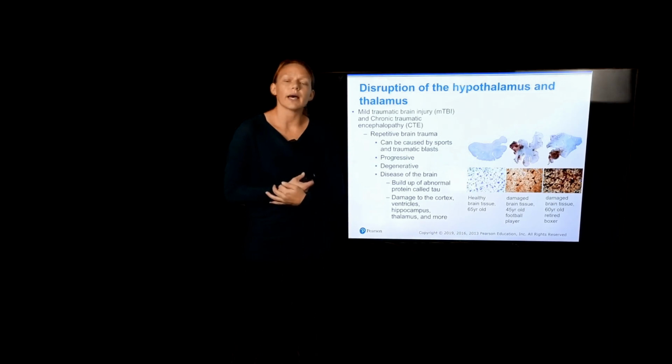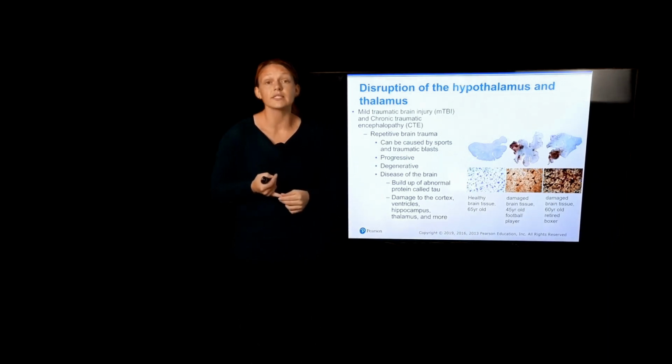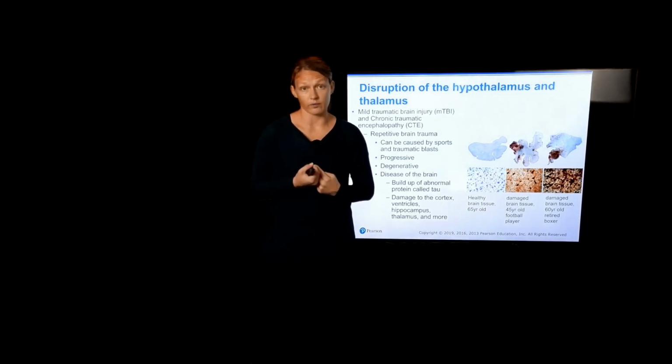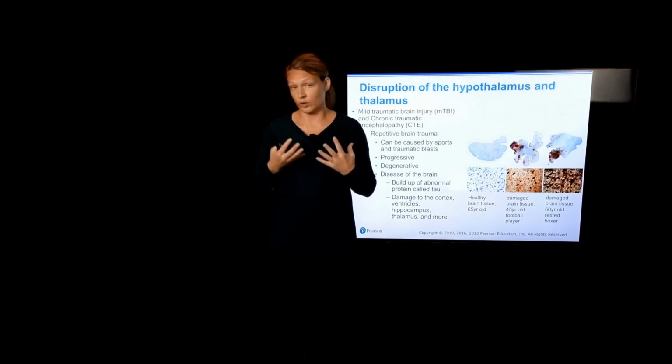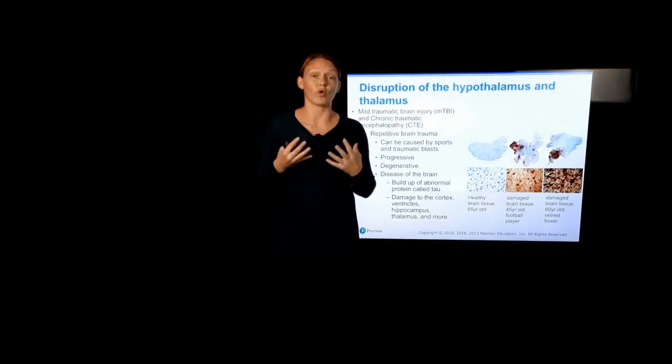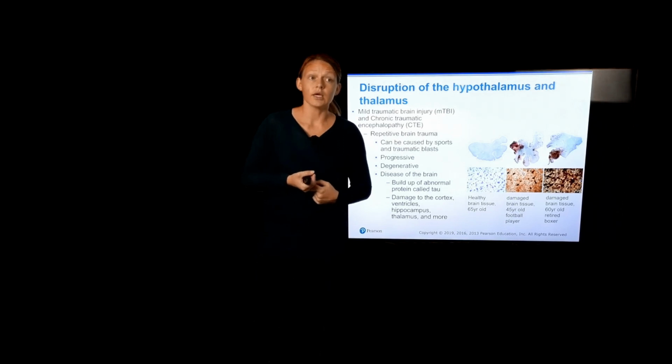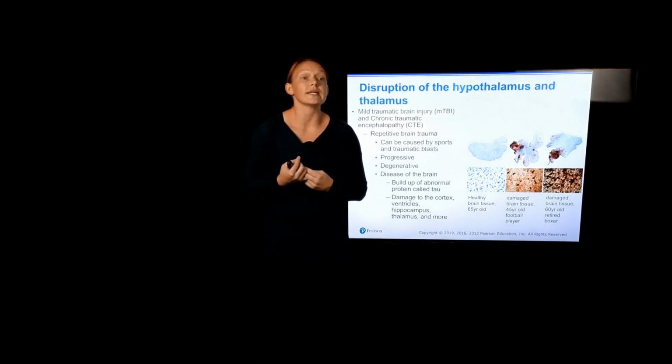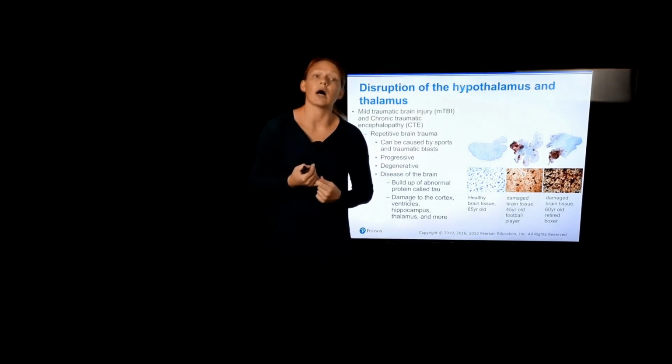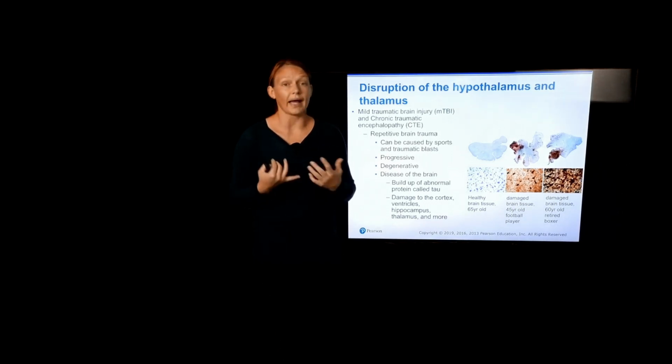So we just talked about how critical the thalamus as well as the hypothalamus are for us, right? They're really important in our bodies, very important portions of the diencephalon. So obviously, if we have a disruption to the hypothalamus or the thalamus, it can lead to bad things.